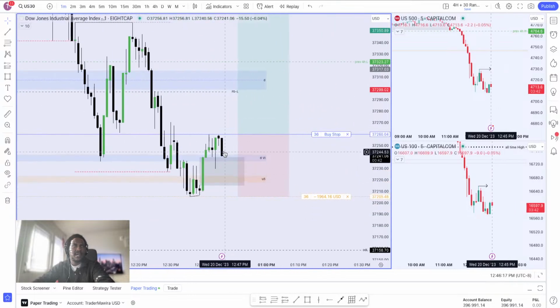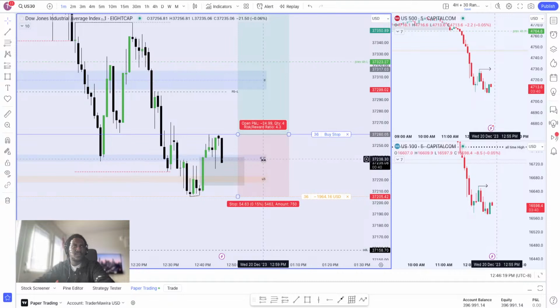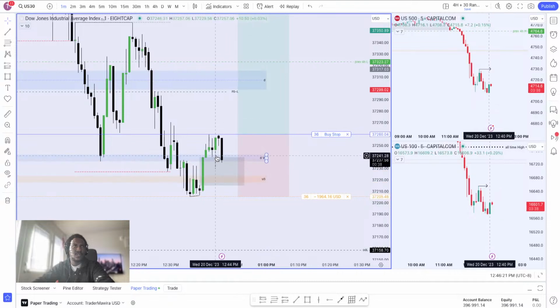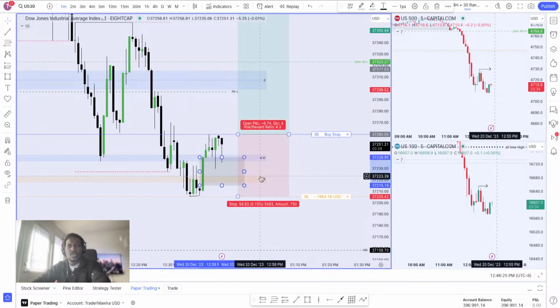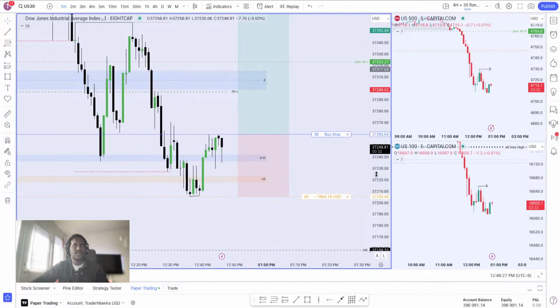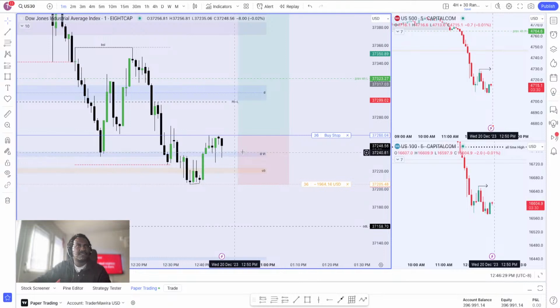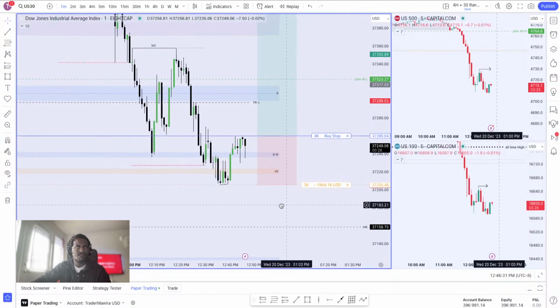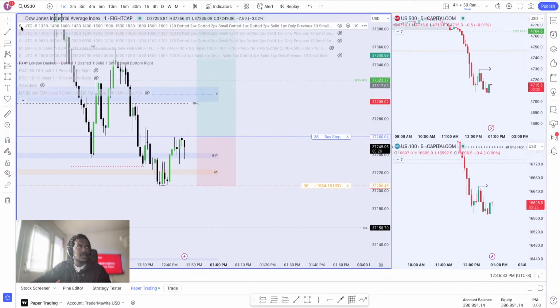So we're back above this daily thing over here. Let me get rid of that so we can focus on this daily volume imbalance. So the daily candle looks like this. Let me see where.